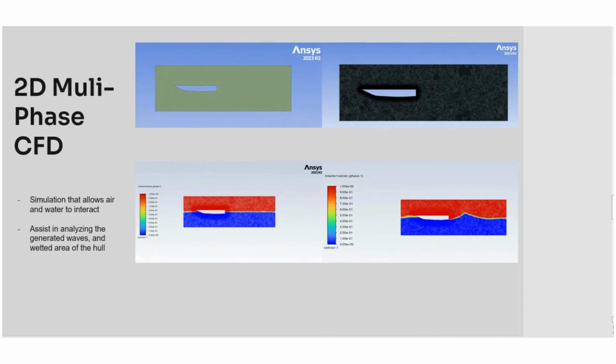Then we moved on to a slightly more complicated simulation, which is a 2D multi-phase CFD. Once again, we take the boat, but this time not just the waterline, but the whole boat. We import that geometry, take a profile, and mesh it, which is creating a mesh for the simulation to run off of.